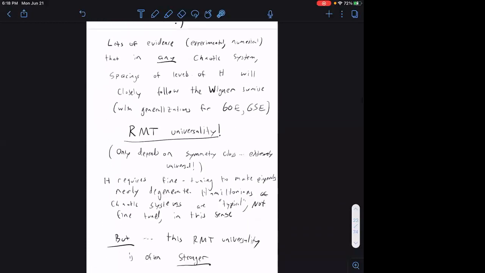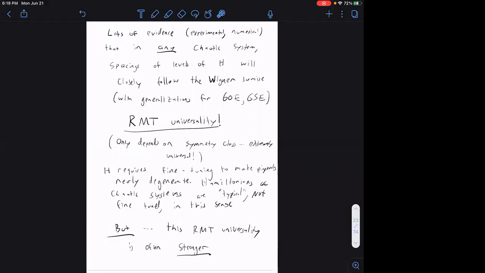The fact that these chaotic systems, like these heavy nuclei, or we expect black holes, also have this same statistics of these nearest neighbor spacings, is basically what I mean by this random matrix universality. Universally among chaotic quantum systems, any chaotic quantum system will have these nearest neighbor energy spacings following this Wigner surmise, no matter what else is true about the chaotic system.